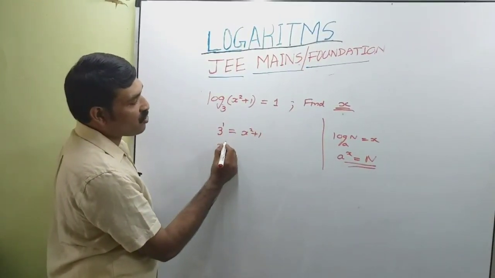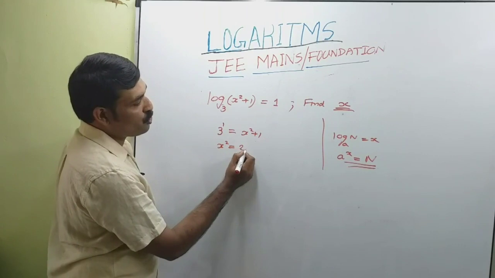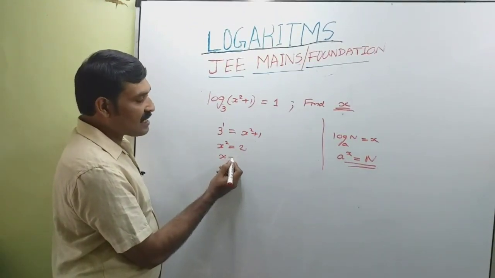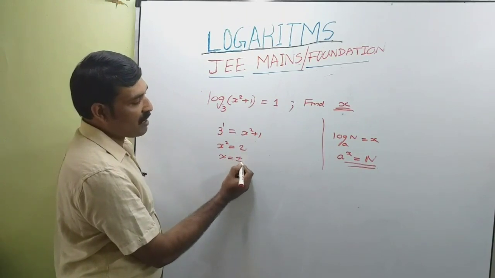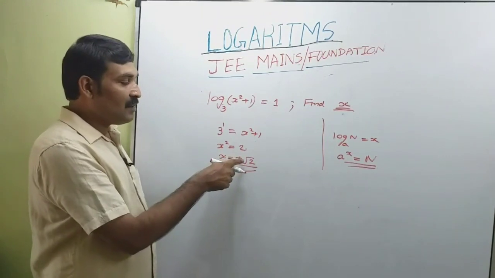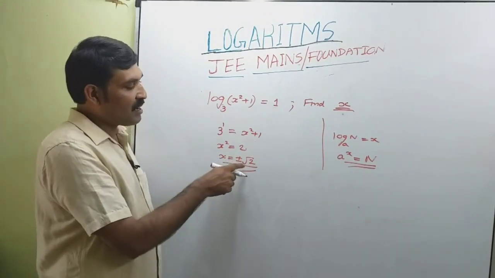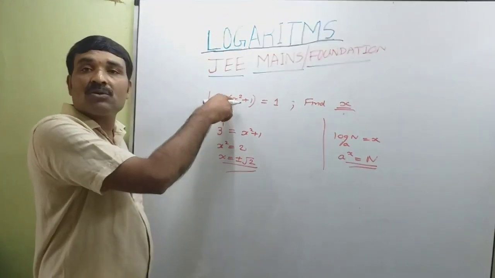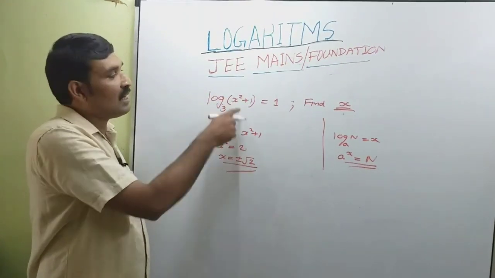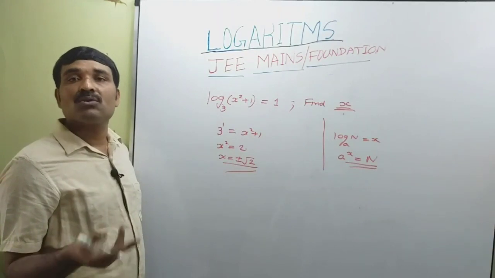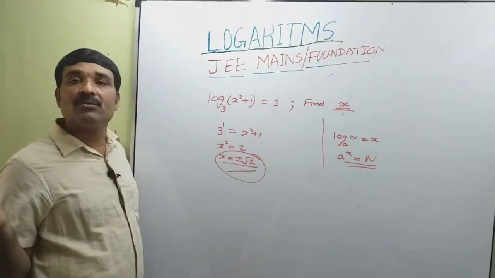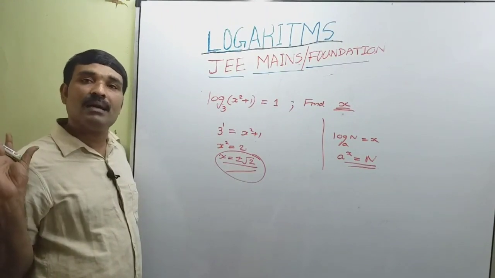That implies x square is equal to 2, or x is equal to plus or minus root 2. Here x can be minus root 2 or plus root 2. If x is minus root 2, minus root 2 square becomes 2. And with plus root 2, x square also becomes 2. So both values are satisfied. That is, x is equal to plus root 2 or x is equal to minus root 2.